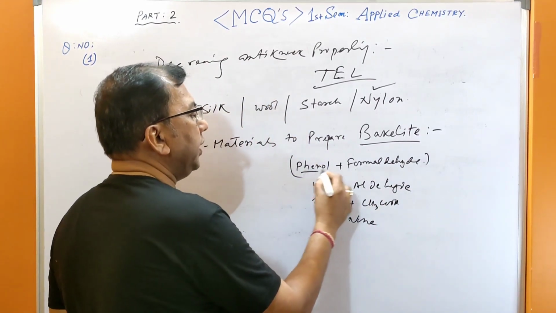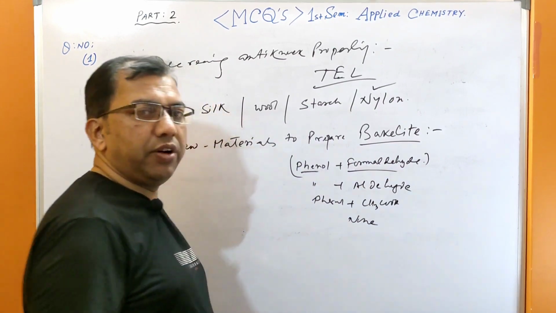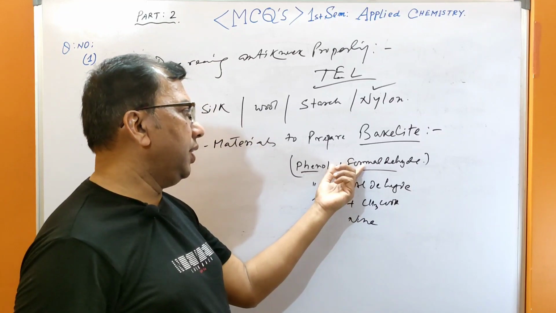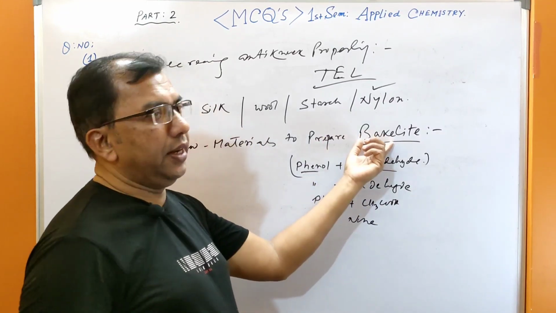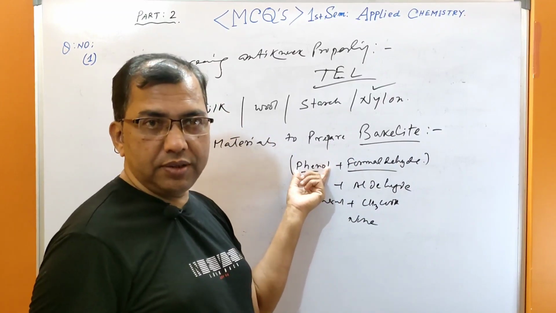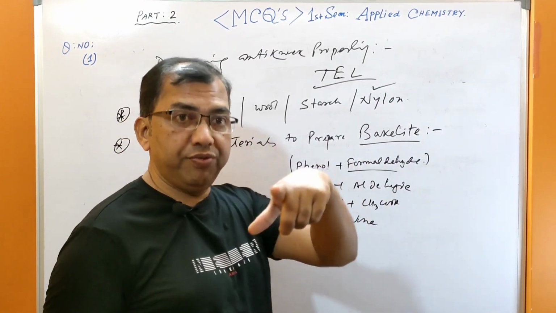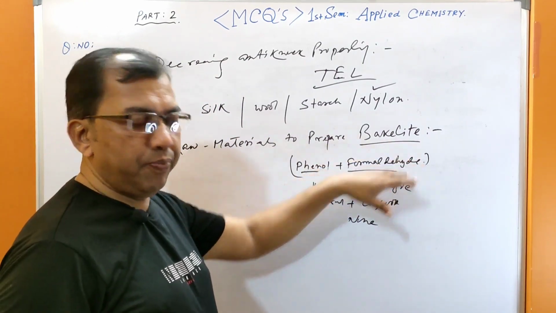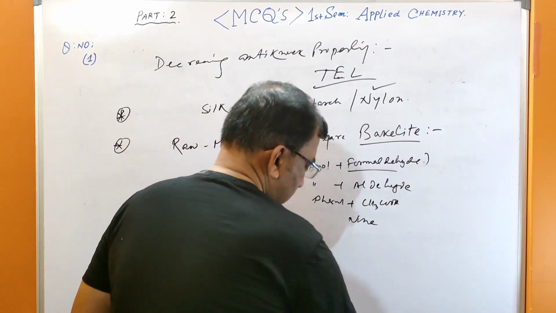Yes, phenol plus formaldehyde, C6H5OH plus HCHO. Phenol plus formaldehyde is known as bakelite, phenol formaldehyde resin. These are the two monomers. Monomers combine together to form polymers. Clear? It is very important.